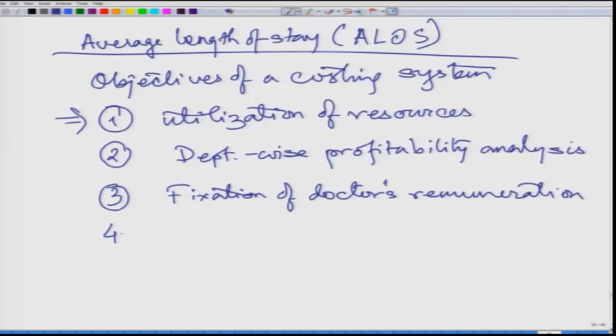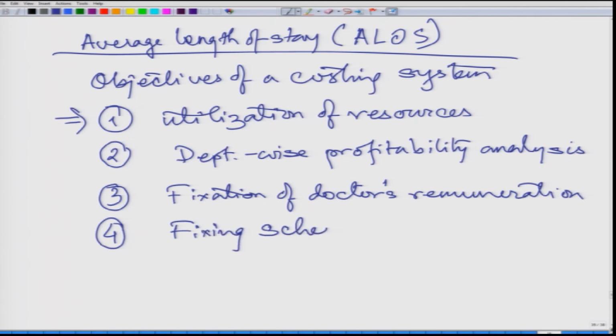Therefore, fixation of doctors' remuneration also falls under an objective of costing estimation in a hospital.